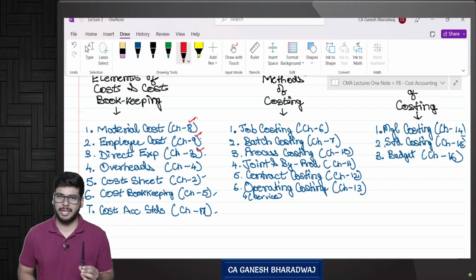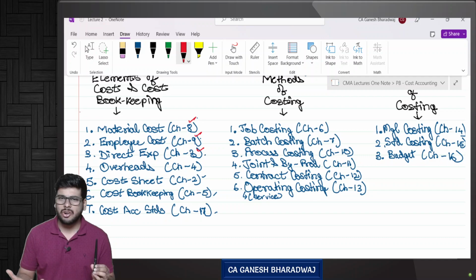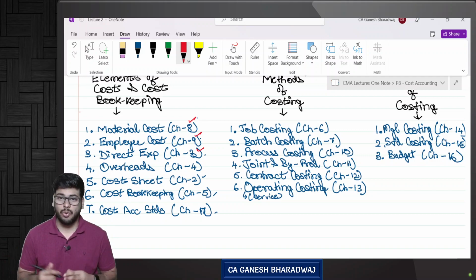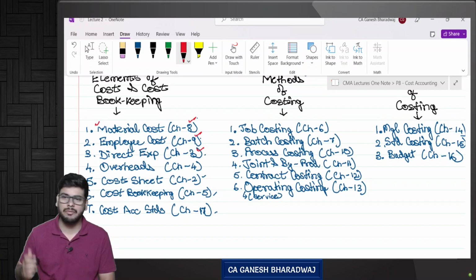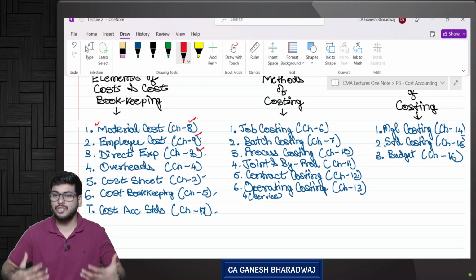For him to manufacture this pen, there are certain raw materials that he will need, like, let's say, plastic. Yes, he needs plastic to manufacture this pen, correct? So that plastic, that raw material, gets covered under this chapter called material cost. Now, this plastic by itself will not convert into a finished product, correct? So he needs to put in some efforts.